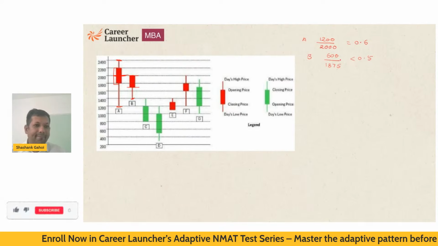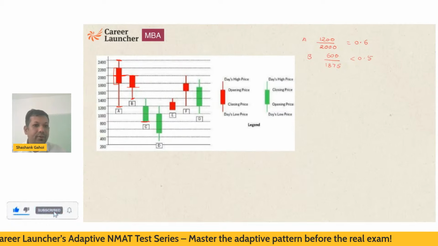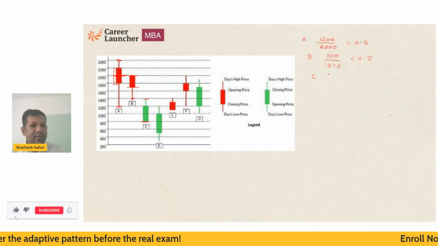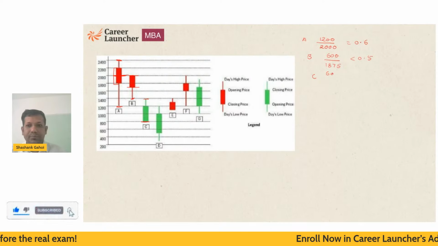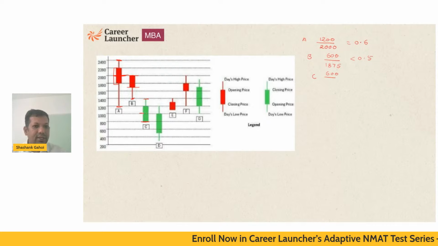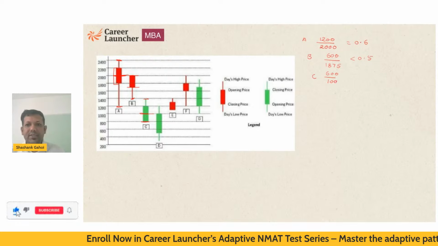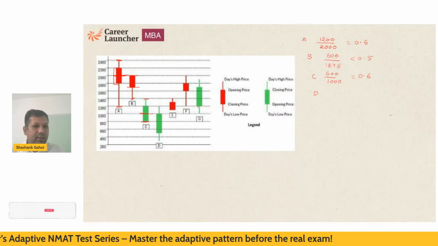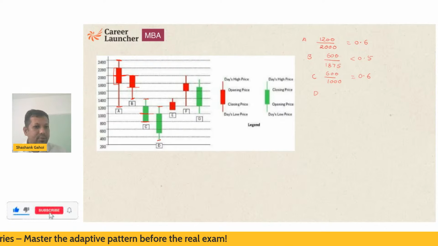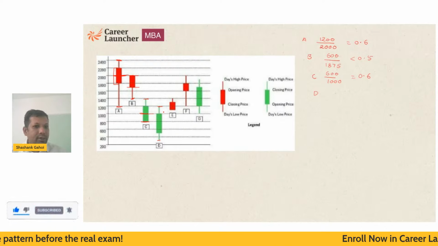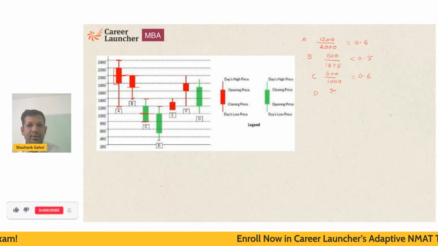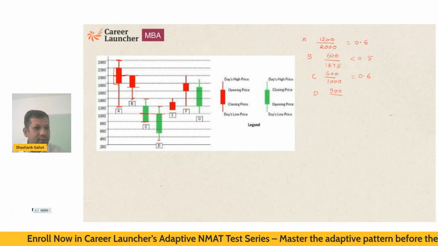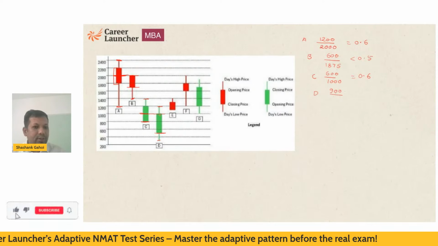For C, highest and lowest price difference is 1400 minus 800, that is 600, divided by 1000, again equal to 0.6. For D, highest price minus lowest price is 1200 minus 300, so the difference is 900, divided by the average price, which is 750.